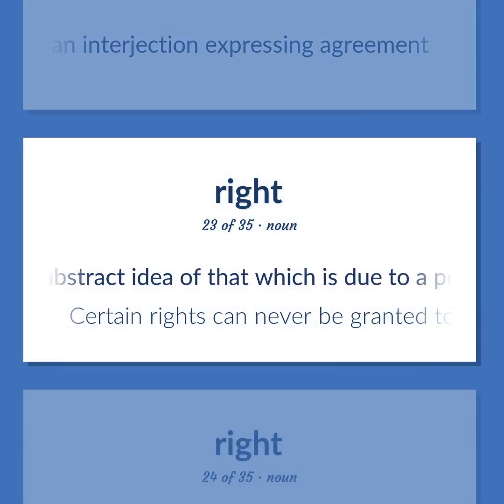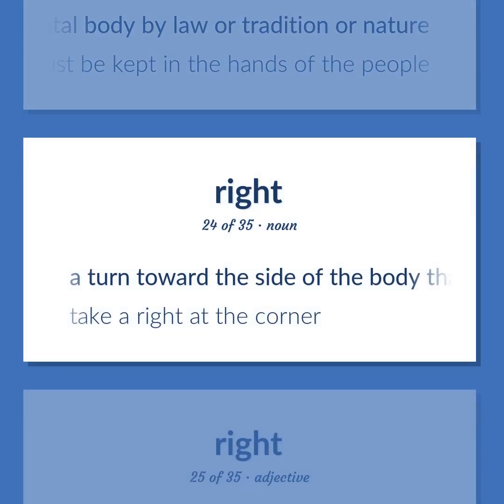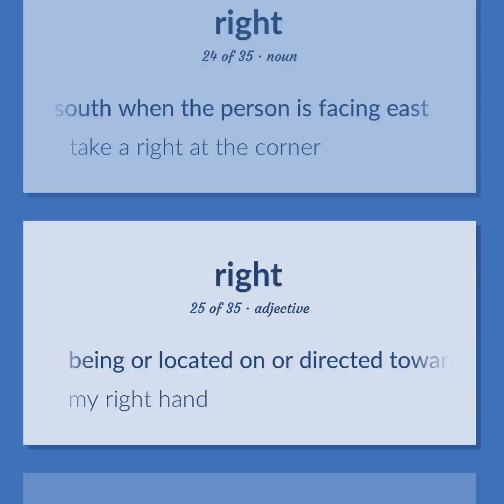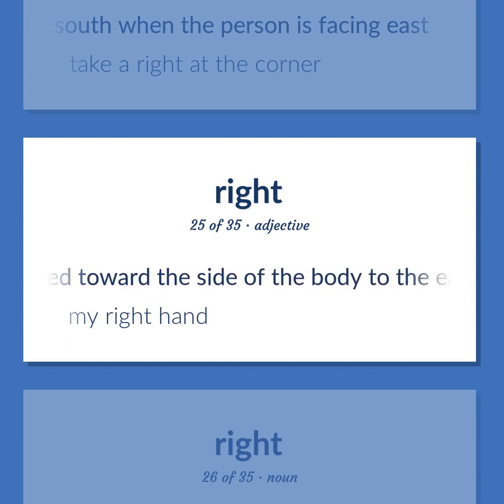An abstract idea of that which is due to a person or governmental body by law or tradition or nature. Certain rights can never be granted to the government but must be kept in the hands of the people. A turn toward the side of the body that is on the south when the person is facing east. Take a right at the corner. Being or located on or directed toward the side of the body to the east when facing north. My right hand.